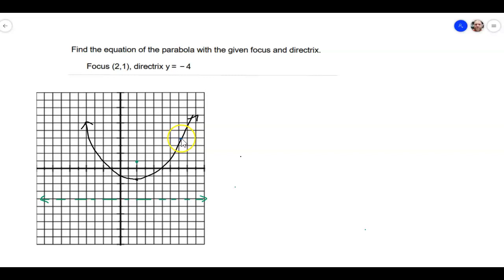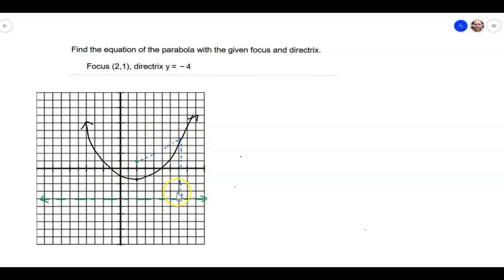By definition, if you take any point on here, and you look at the distance from this focus to that point, it would be the same as the distance from the directrix to that same point. This distance and this distance would be the same.